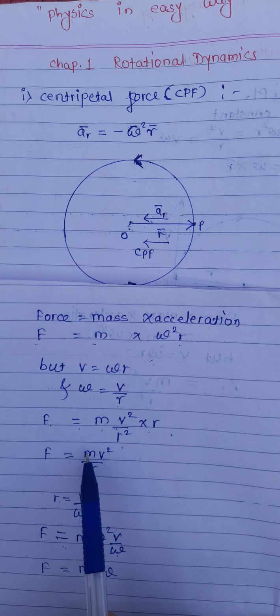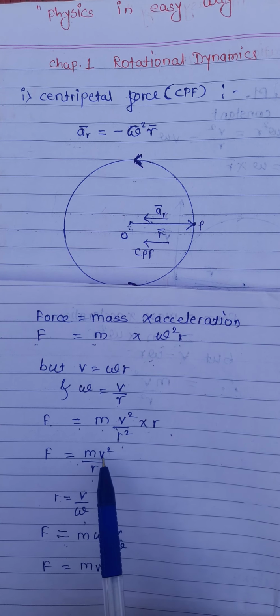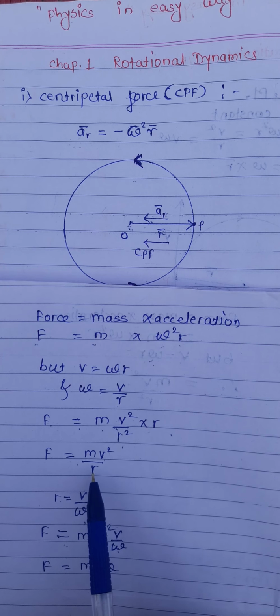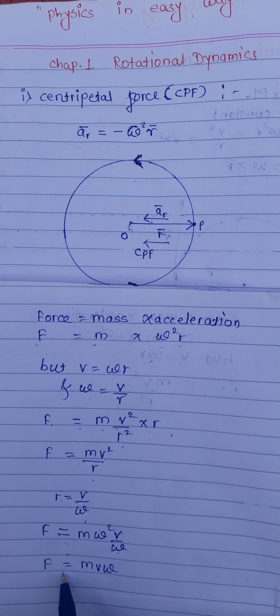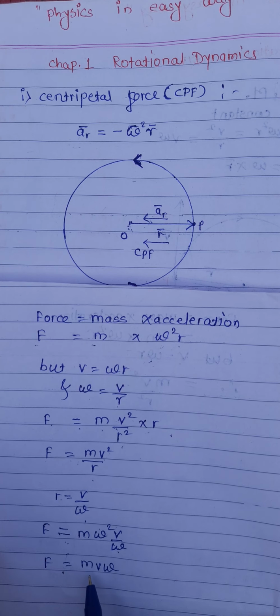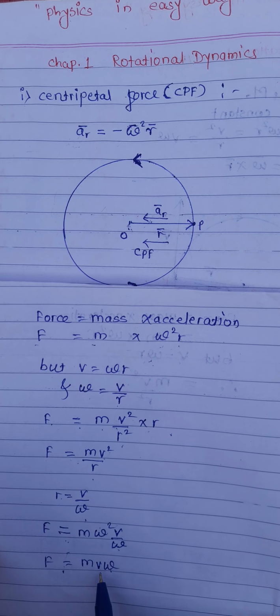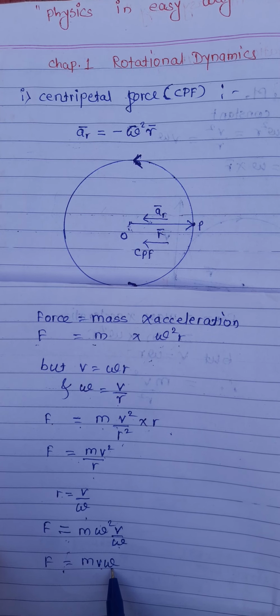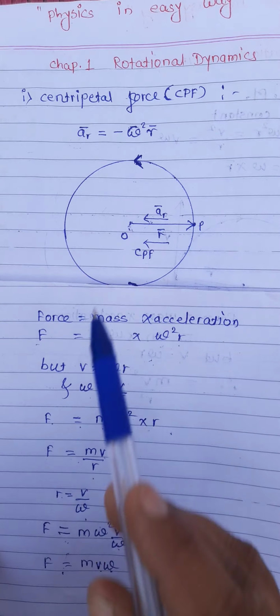This is the second magnitude in the form of mass of that object, velocity of that particle, and radius of the orbit. And this is the third magnitude in the form of mass of the object, velocity of the object, and angular velocity. This is the linear velocity and this is the angular velocity of that object on the circumference of the circle.